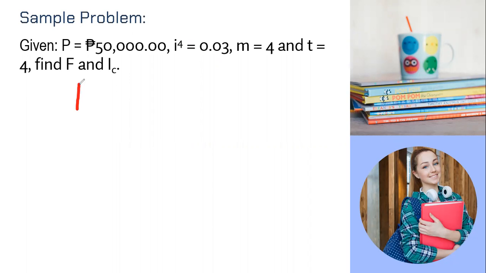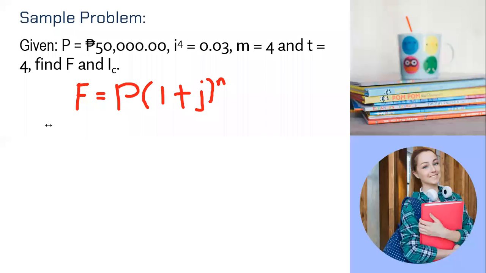So from the formula, F equals P times 1 plus J raised to N. Tama, no mga anak? So basically, from the given, ang wala natin ay J at saka si N.